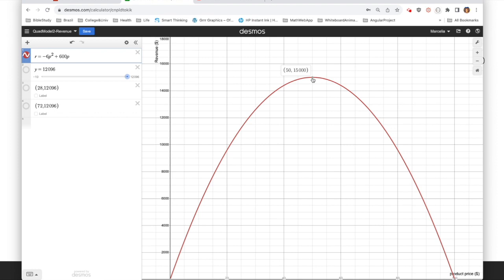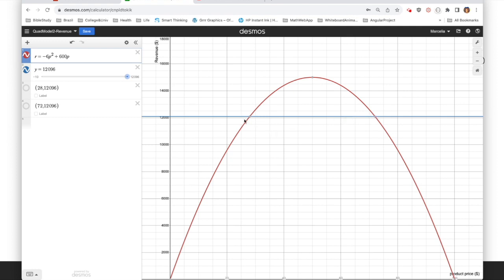Now I will draw a horizontal line at the new revenue that I am focused on, that's the $12,096. And the horizontal line crosses the parabola at 2 points. That's what you found, $28 and $72.